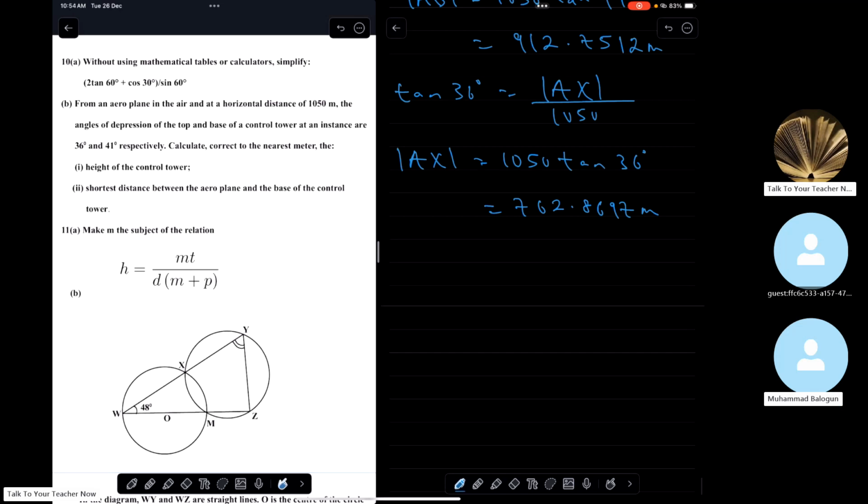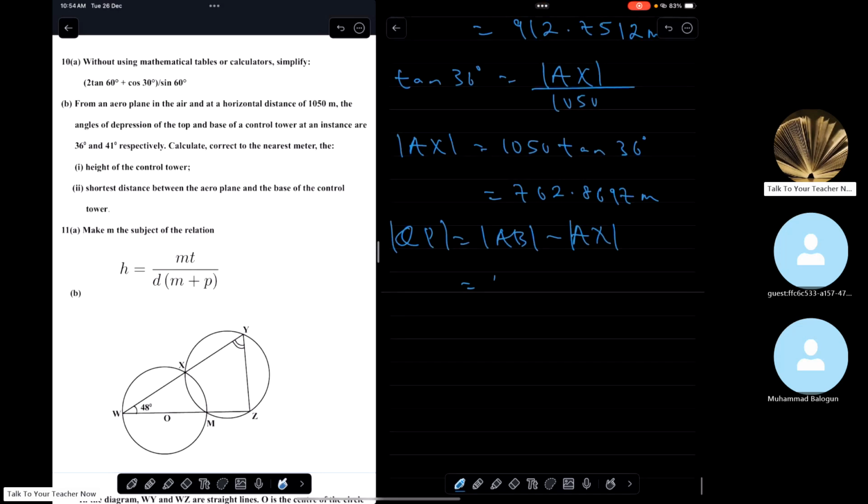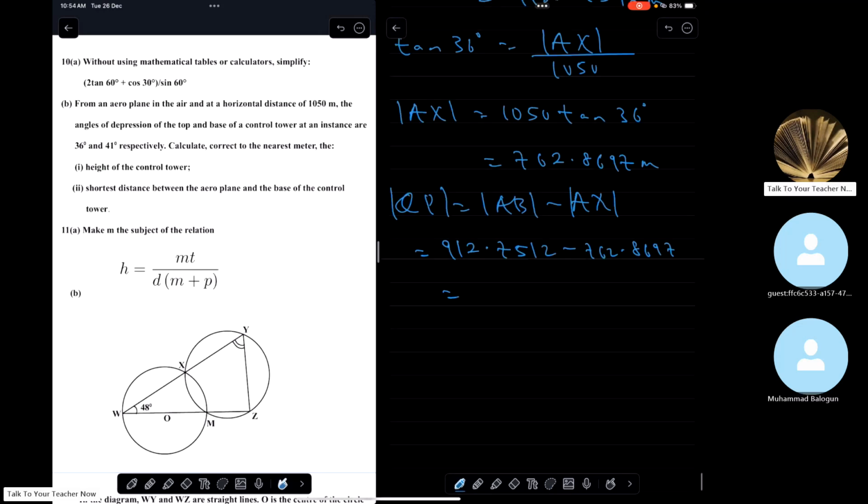So we can now say QP equals AB minus AX, and that's equal to 912.7512 minus 762.8697. What's the final answer?